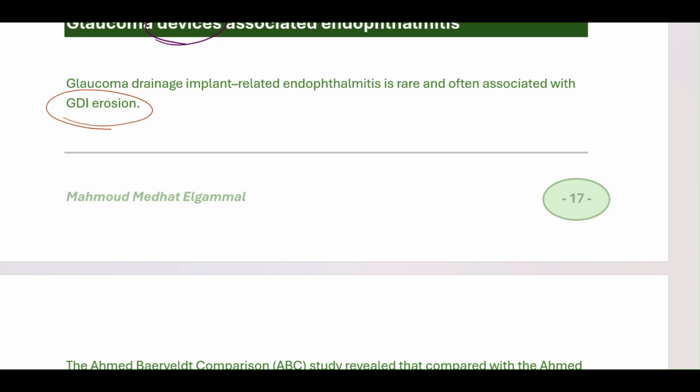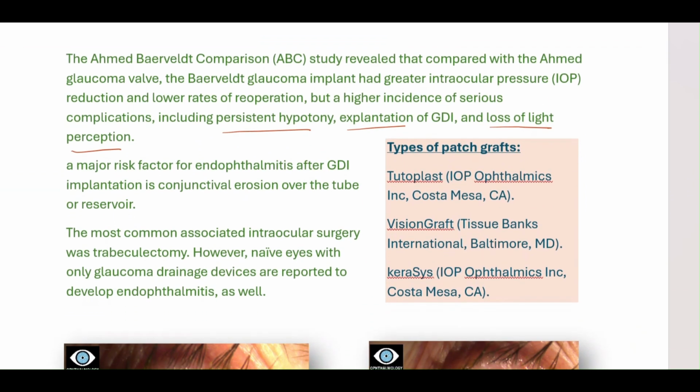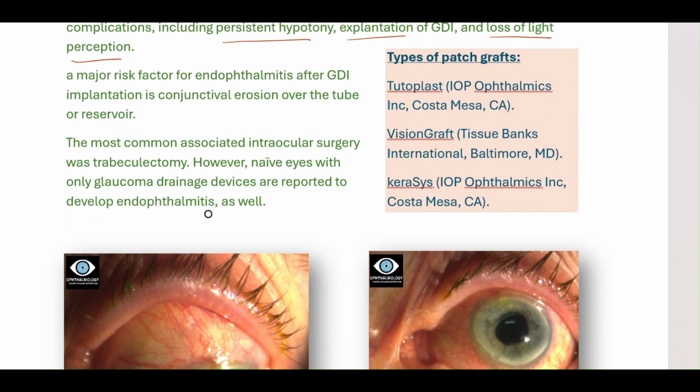And now if there is erosion above the implant, the tube or the implant, this increases the risk of endophthalmitis. Also, having another surgery performed, especially associated trabeculectomy, and worse even in mitomycin augmented trab. These patients are at high risk of developing endophthalmitis associated with these implantable devices.